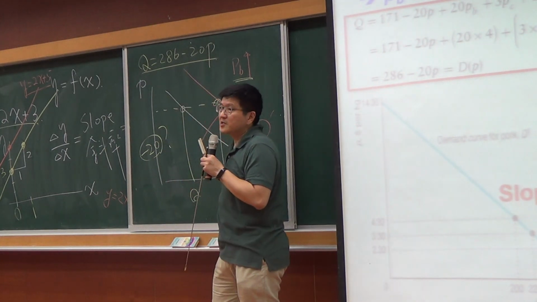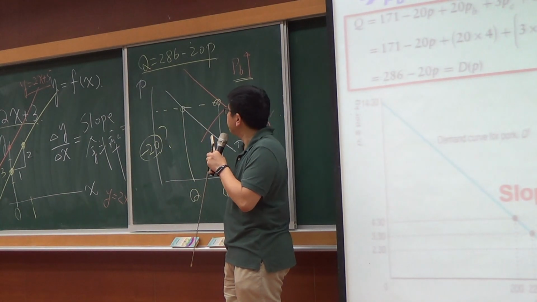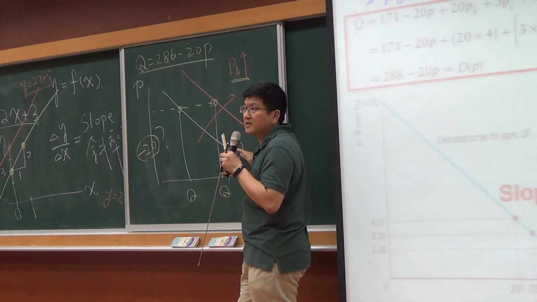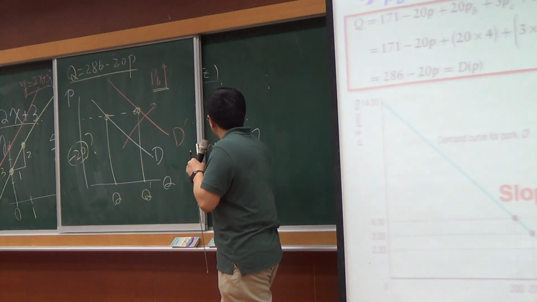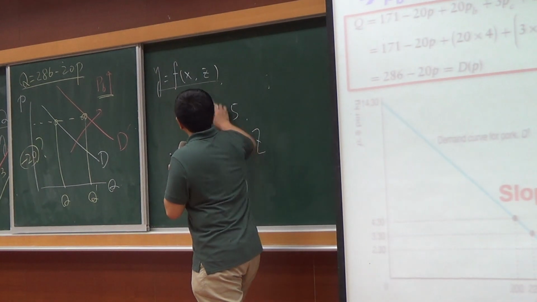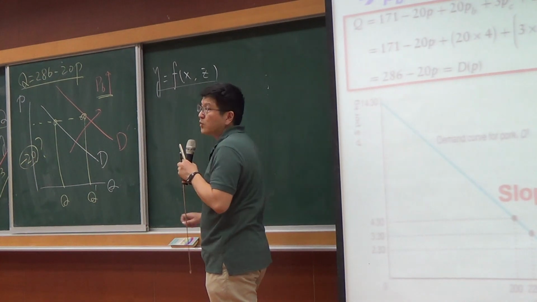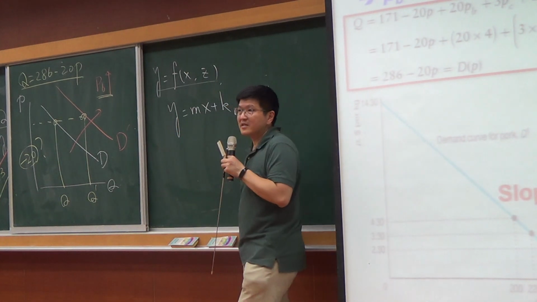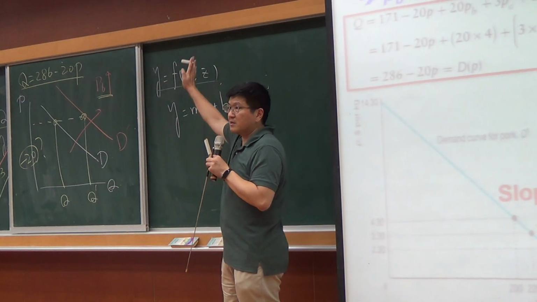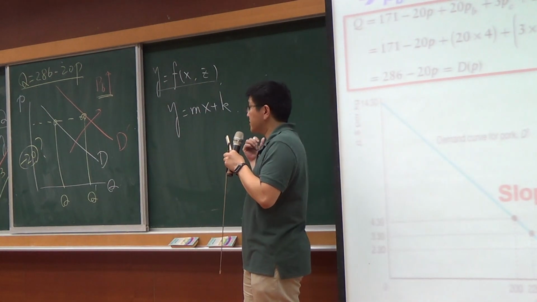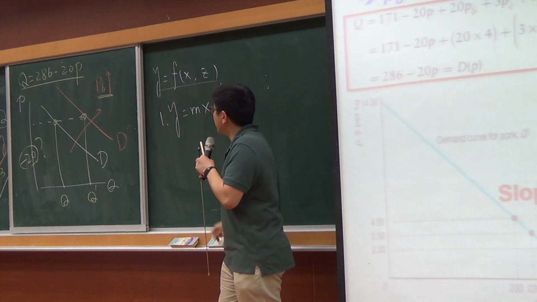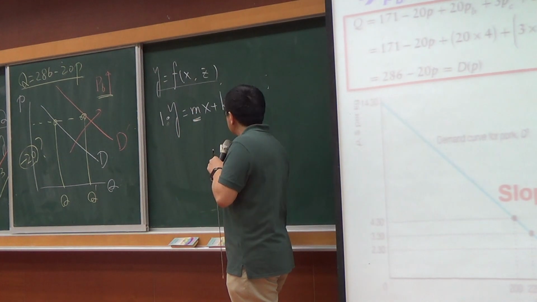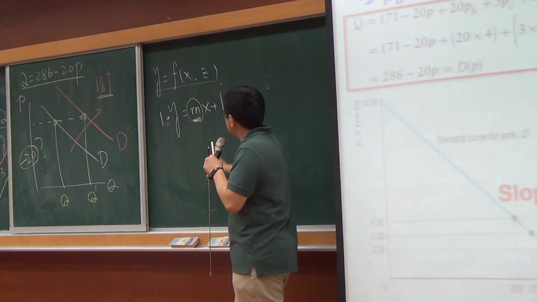When you see the specific relationship between P and quantity demanded, what is the slope for the demand curve? When we were in high school, we already learned this. Y is the variable on the vertical axis, and x on the horizontal. So we keep y with a coefficient of 1, and the coefficient in front of x is the slope.